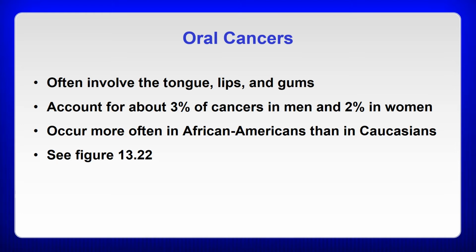Many of the predisposing factors are tobacco use, excessive alcohol use, and poor oral hygiene. If there's a family history of oral cancers, that is a factor. Age is also a factor; this does tend to happen in people older than 40. So again, make note of the different factors that can predispose people to oral cancer.